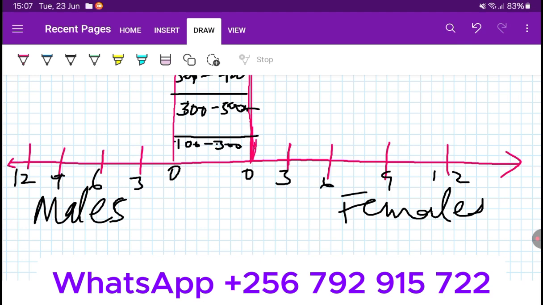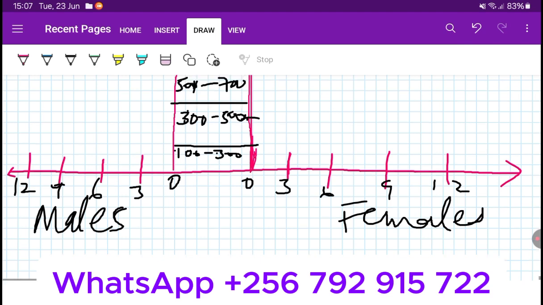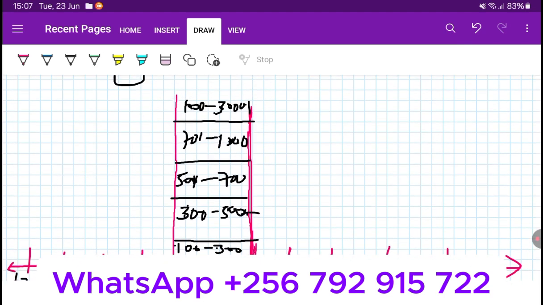So we go ahead to start plotting our values. We don't forget the fact that we skip equal spaces. So we come to the first one. How many are they that earn 100 to 300? For male, they are 6. For female, they are 9.